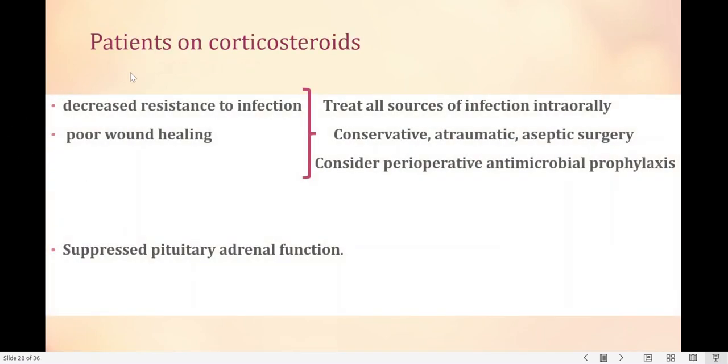Now, patients on corticosteroids generally have decreased resistance to infection and they have poor wound healing. Therefore, we have to treat all sources of infections intraorally, eliminating caries or cavities, periapical infections, abscesses, periodontal diseases like gingivitis and periodontitis.